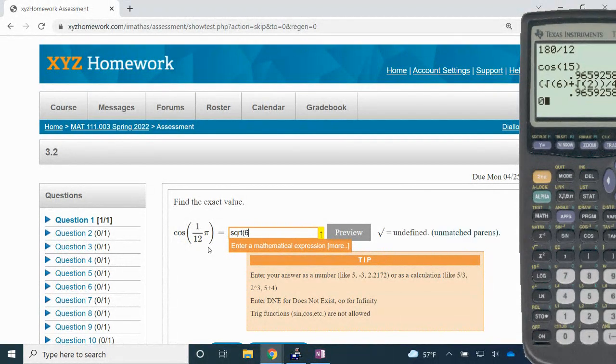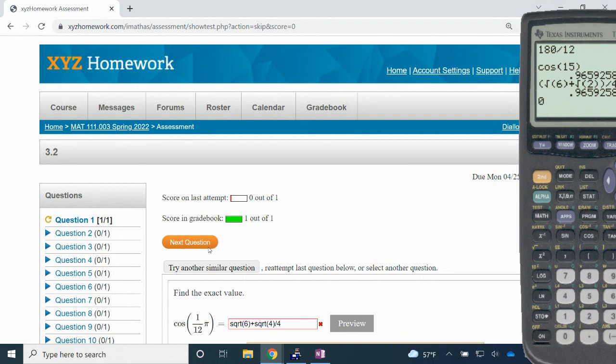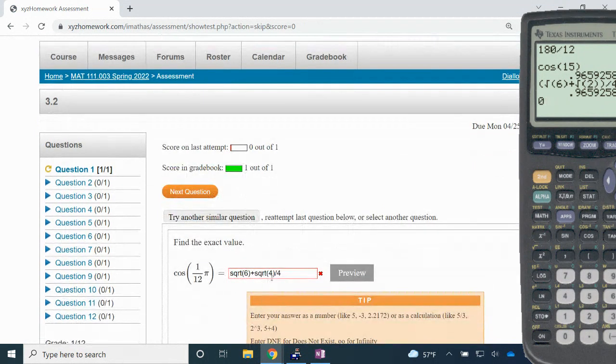SQRT of 6 plus the square root of 4 divided by 4. It kind of took it in that instance, but to be correct I would use a set of parentheses, because I found in some other problems that it doesn't always work. Oh, it did mark it wrong. So you should use a set of parentheses.